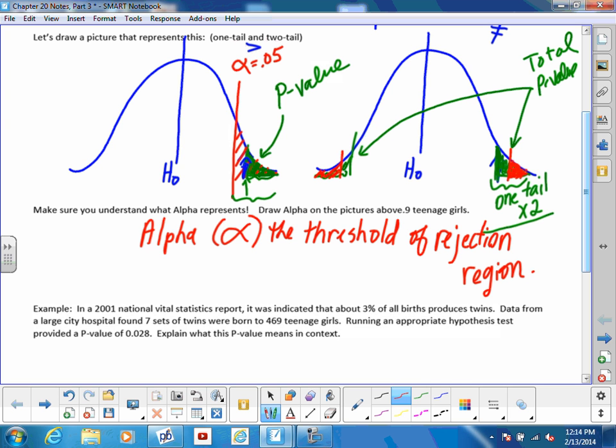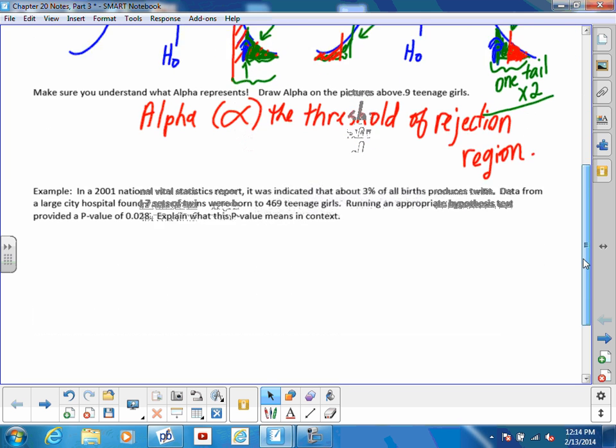Can you see where the sample is? See this p-hat? See how it is not in the rejection region? Hence, another confirmation as to why you do not reject if your p-value is larger than your alpha. So that's the very fundamental, concrete manner of what is going on.